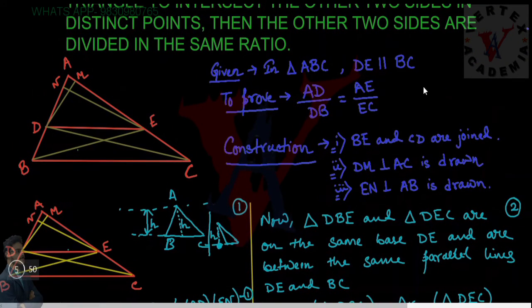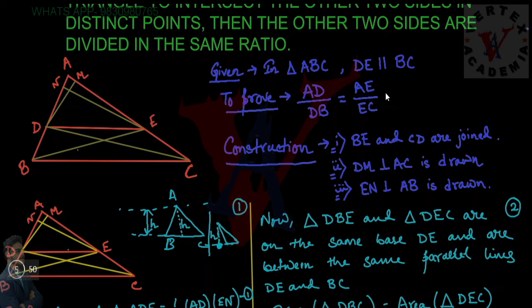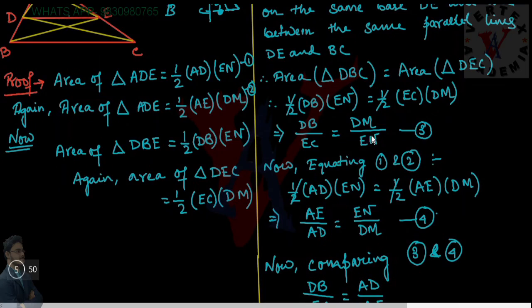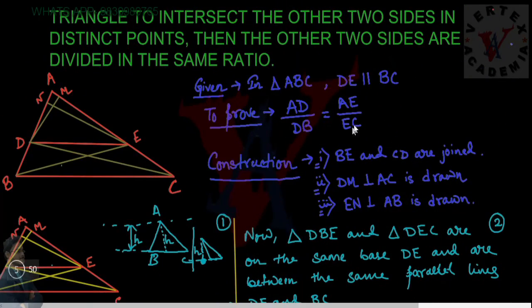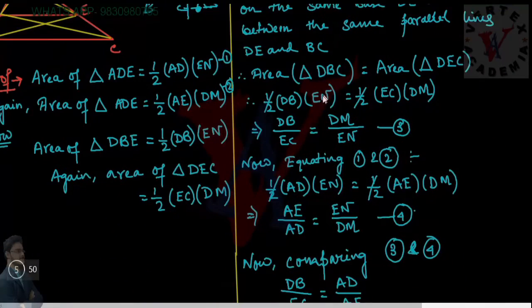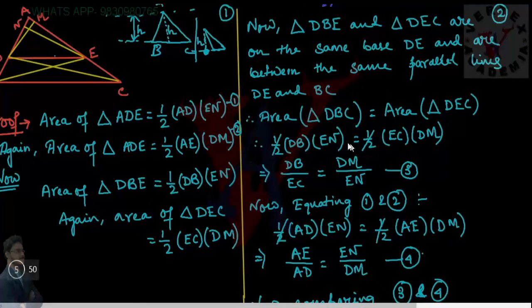So you can see that, as I told you at the beginning, with the help of the area of triangle, we are reaching towards our final result. We have come to a point which looks quite similar to the required one, but the terms involved there are AD, AE, DB and EC, and in this result we have DB and EC, but DM and EN are unwanted.